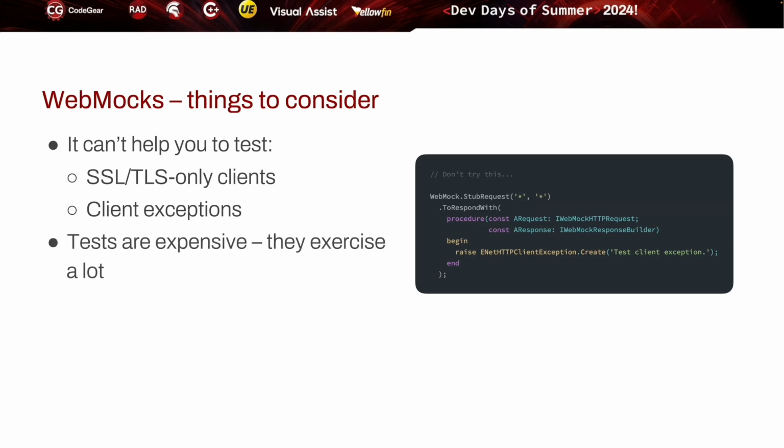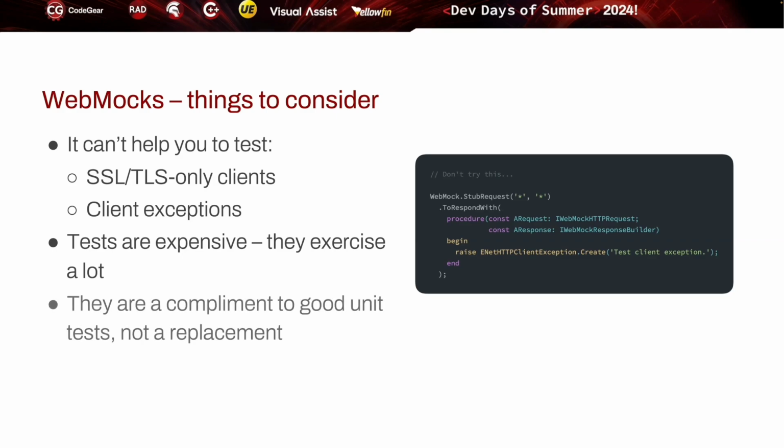The other thing is tests are expensive. They exercise a lot. Every test is going to be setting up a web server, and then it's going to be defining ways to match requests and then ways to respond to requests. And maybe you're using lots of fixture files, loading resources off of disk all the time. This is great. It's better than not being able to test these things, but they are expensive. So they're a complement to good unit tests.